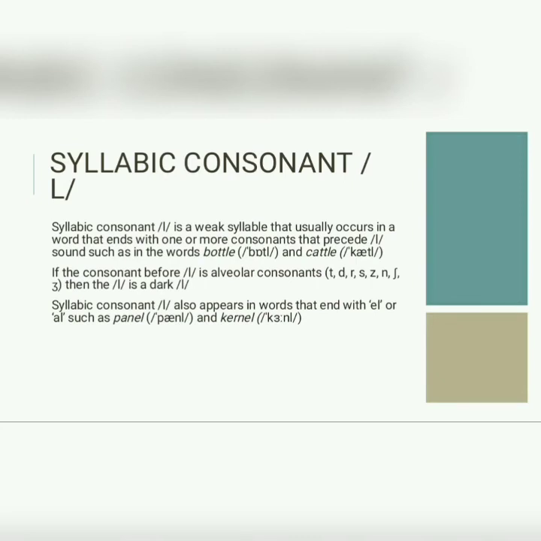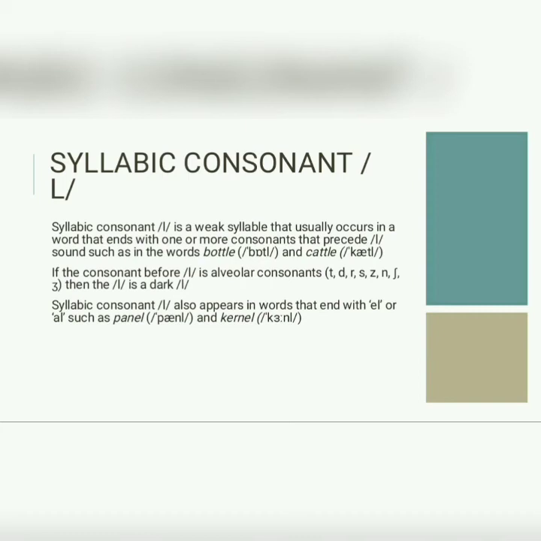Syllabic consonant L. Syllabic consonant L is a weak syllable that usually occurs in a word that ends with one or more consonants that precede L sound, such as in the words bottle and kettle. In the word bottle, T precedes L, and in the word kettle, T precedes L.